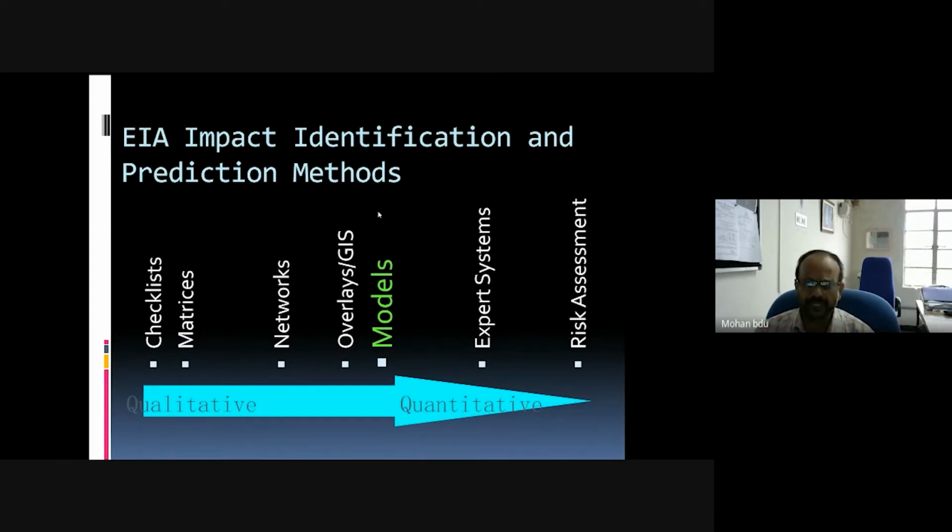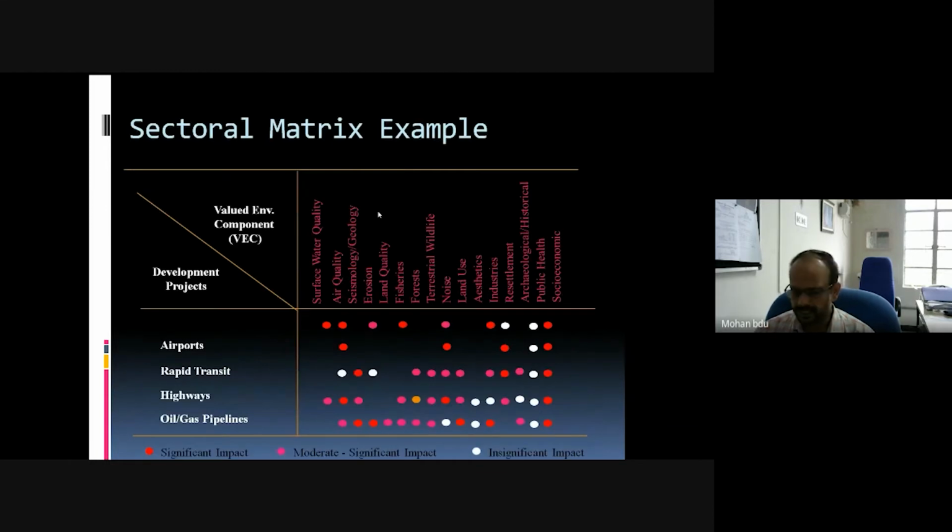You can see in the picture that the checklists, matrix and networks are more like qualitative assessments, whereas the models and overlays are more quantitative. Which means that the data presented to the decision-making authority is much more quantitative information rather than qualitative. Here you can see an example of the matrix, which is more qualitative.